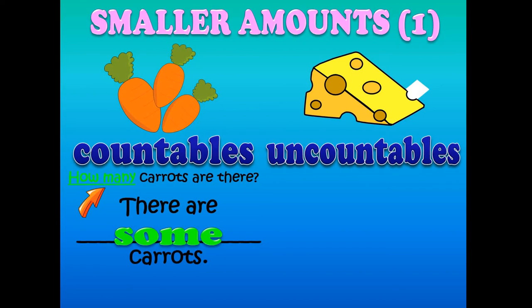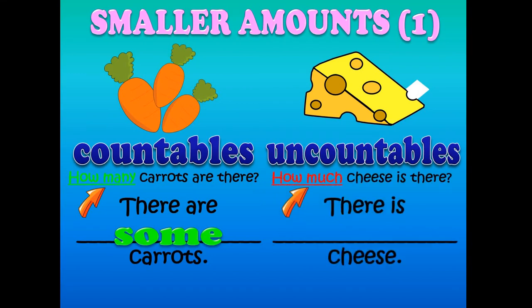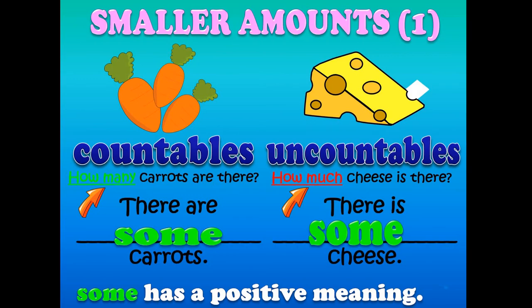In the second picture, there is a piece of cheese. So the question can be how much cheese is there? And the answer, there is some cheese. So some can be used with both counted and uncounted nouns, but with smaller amounts. According to these 2 slides, we can guess that some can be used instead of a lot of with smaller amounts.